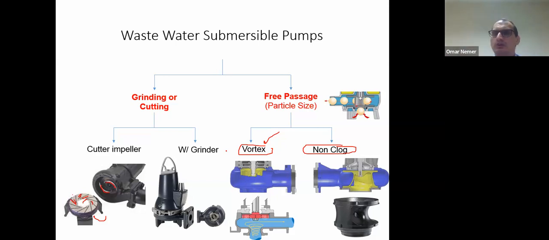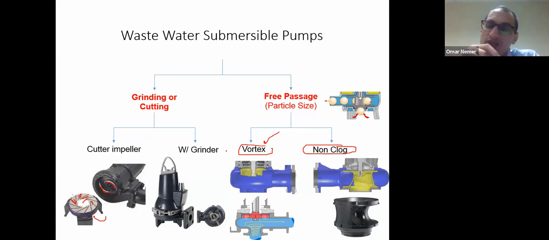Because non-clog or vortex pumps can pump big particles into the pipes. If your pipes are 3 inches, 4 inches, we are okay with that. But if the pipe is less than 2 inches from inside, then these particles maybe can cause clogging inside the pipes. So yeah, the pump pumped, but we created clogging inside the pipes.